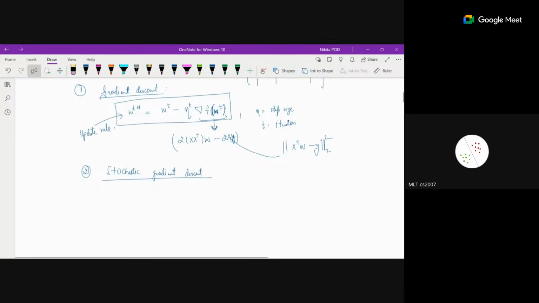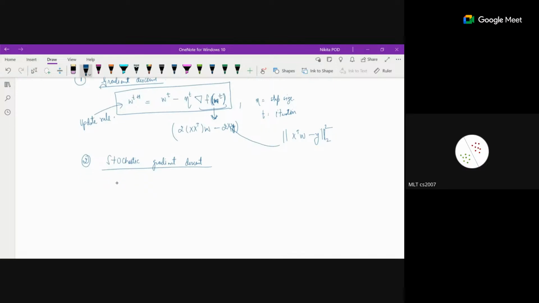This is what stochastic gradient descent is basically doing. So let's say you have a total of n data points, but n is very large. Then you pick a small batch of, let's say, size k, and over that sample you perform your gradient descent.